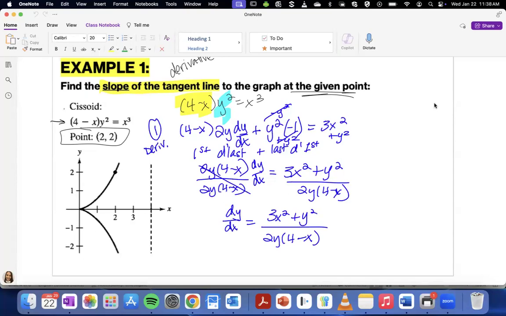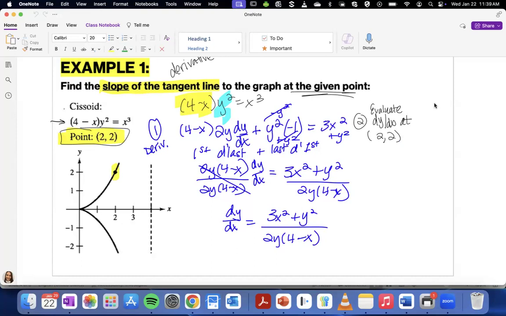Step 2, we need to evaluate the derivative, dy over dx, at the given point, 2, 2. That was given here for this cissoid. So they want you to evaluate it at that point.